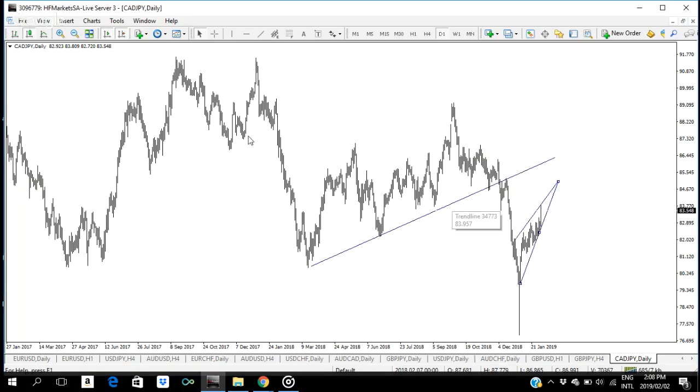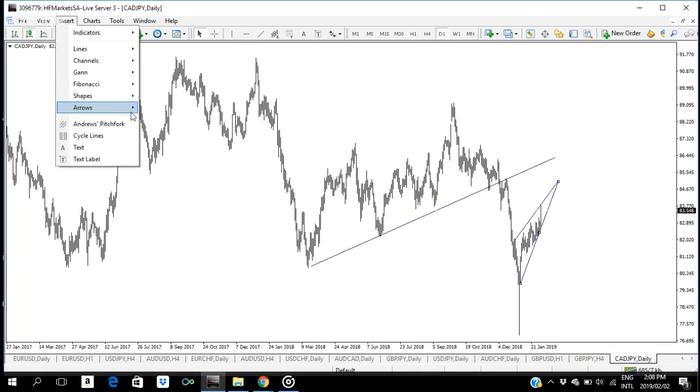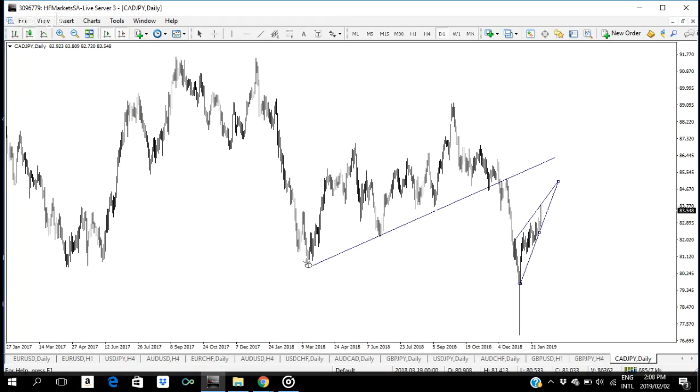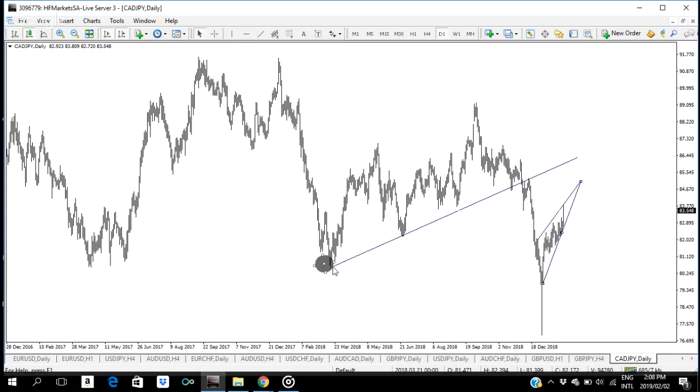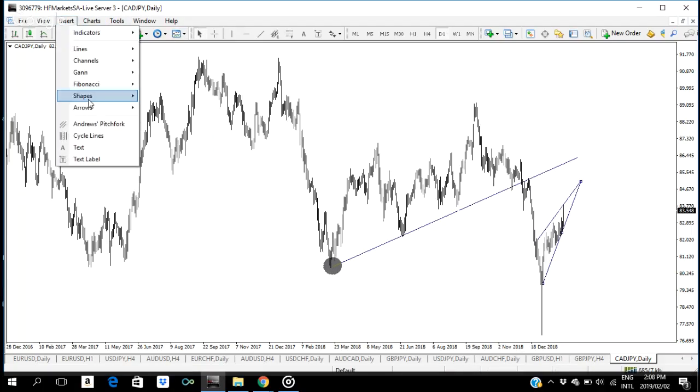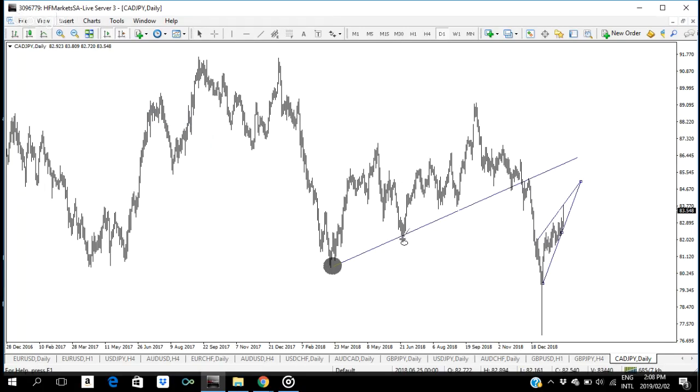Price, as you can see, bounced once, twice, almost three times, and then here's the third time. Let me just do this so you can see what I'm talking about. First time bounce, this is where everything started, and then second time bounce.